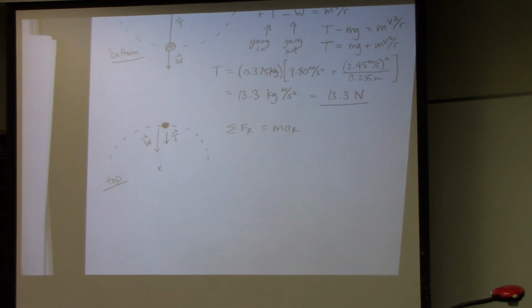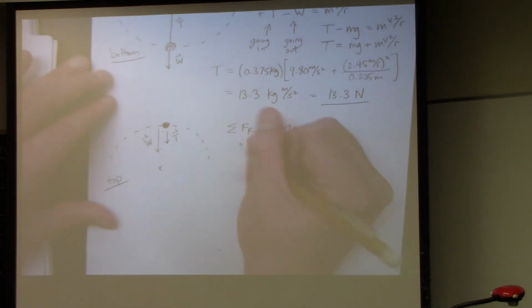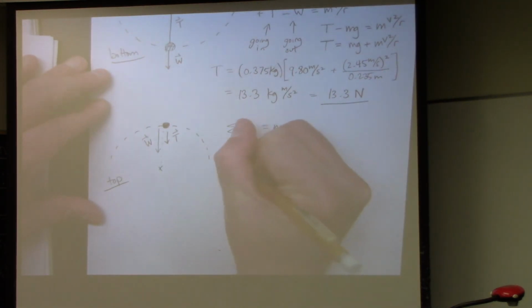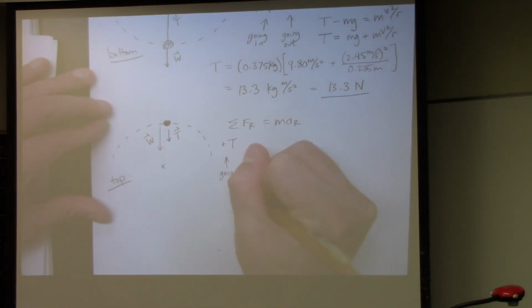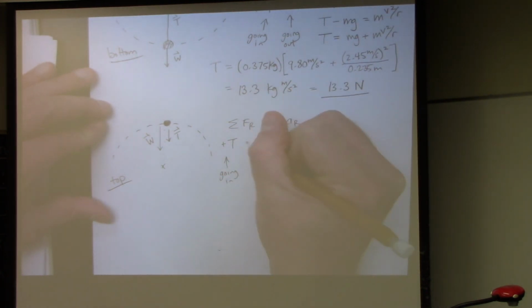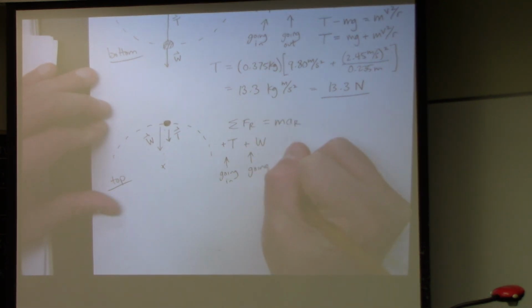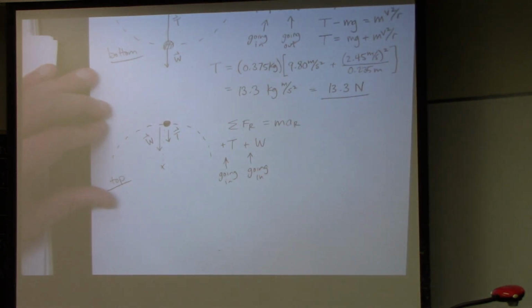And in this case, both of the forces, T and W, are going in towards the center of the circle. So we have T, positive, again, it's going in, plus W, also going in. That's why they both get a positive sign this time, equals m times v squared divided by r.